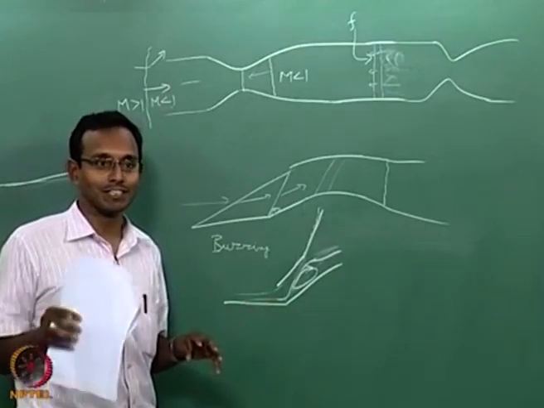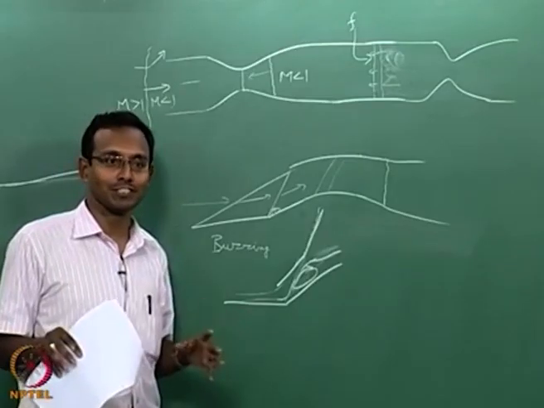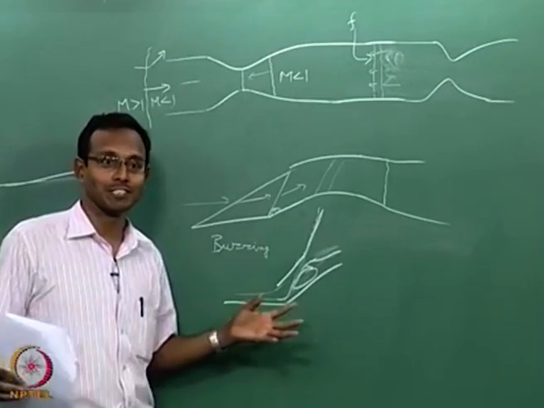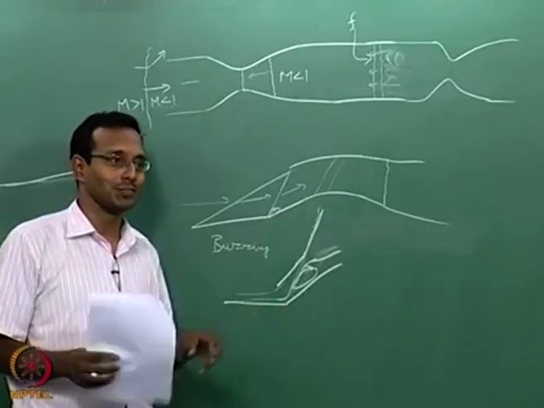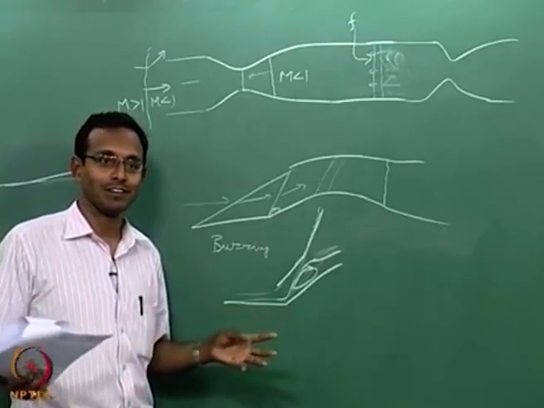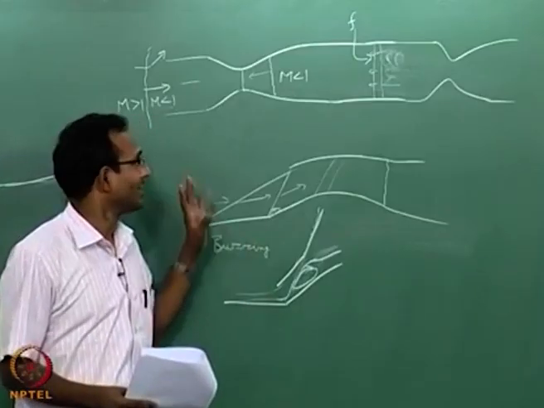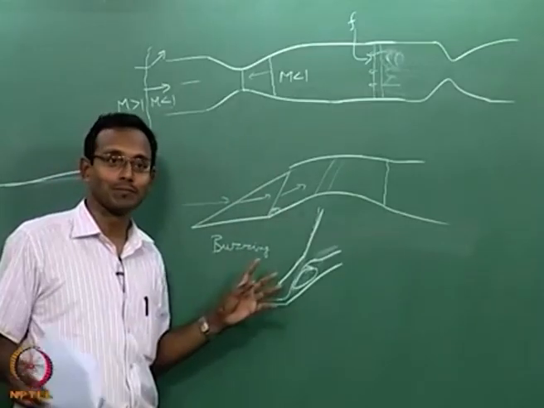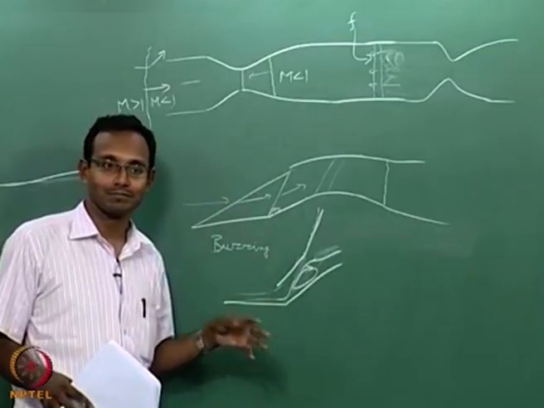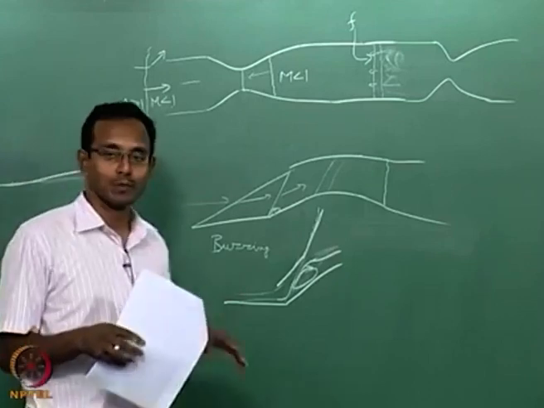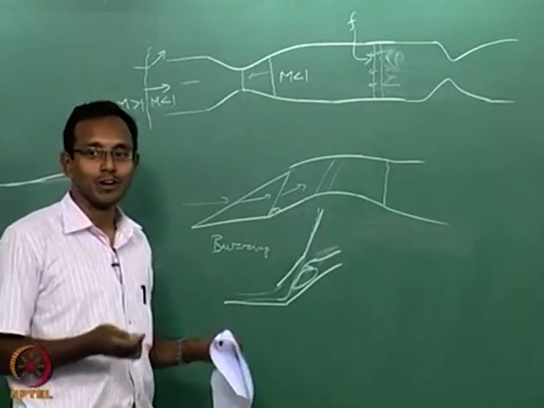We dealt with only things one at a time. We said when there is friction, there is no heat addition. When there is heat addition, there is no friction. There is no area change ever. And when there is area change, there is no friction, no heat addition. That is the way we dealt with it, one at a time. But in real life applications, it is all mixed up. Everything happens at the same time. That is a little more than this course scope, so we will not go into that.